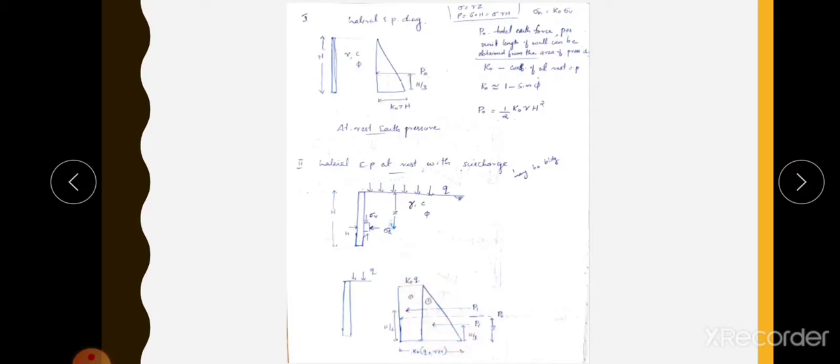So the total earth pressure P0 will be equal to P1 plus P2. So what will be the area? K0 into Q into h plus half into K0 into gamma into h square. This rectangle area plus triangle area will be the total earth pressure force.